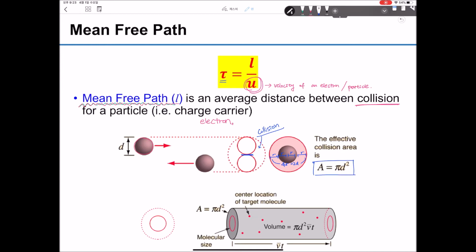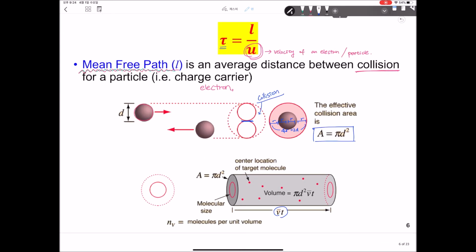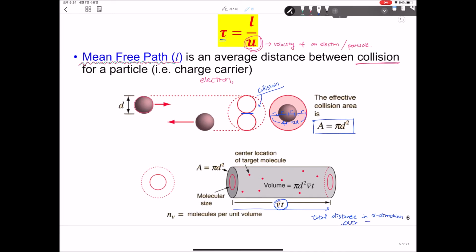Okay, and let's look here. If this is the average velocity of an electron, v bar, times t, then this is the total distance in the x direction over time t. And this is the effective collision area.